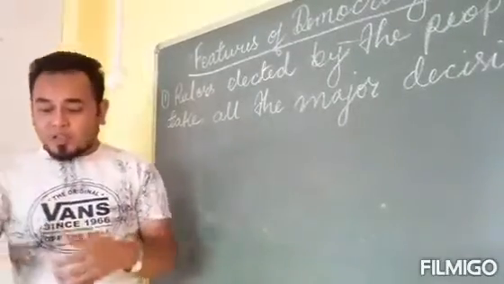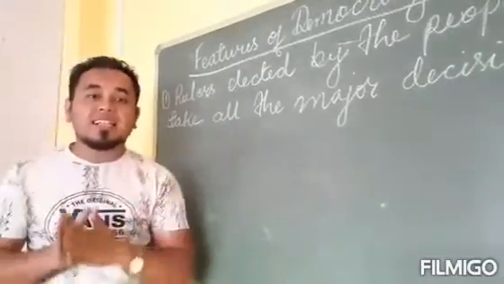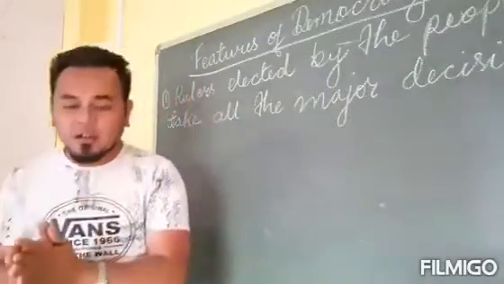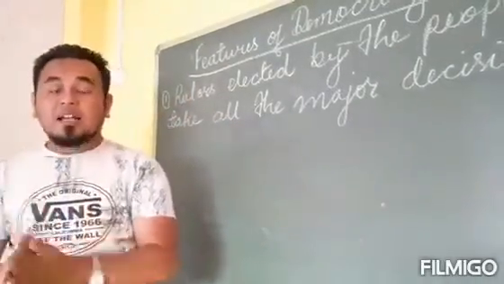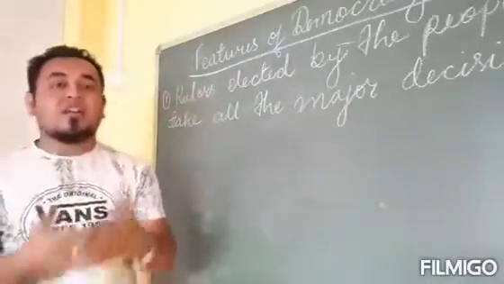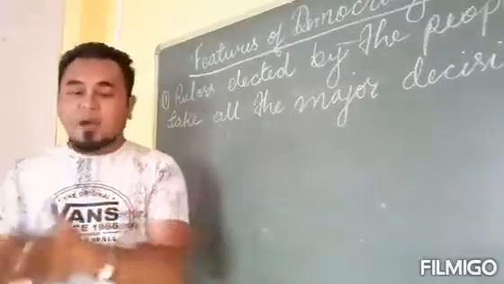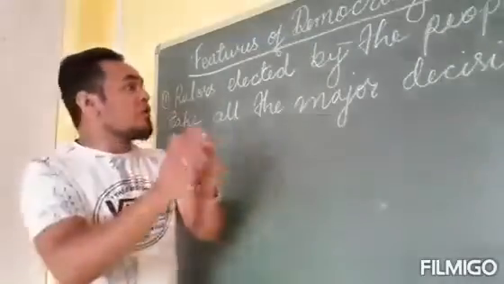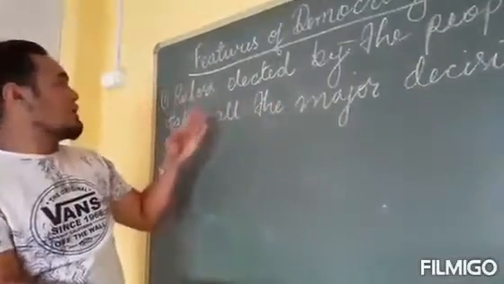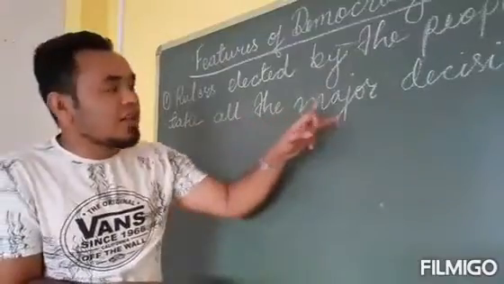So by seeing the case of Pakistan, we can say that Pakistan is not a democratic country, but Pakistan calls itself and considers itself a democratic country. We can say that Pakistan is not a democratic country because it is not following the first feature of democracy, that is, rulers elected by the people take all the major decisions.